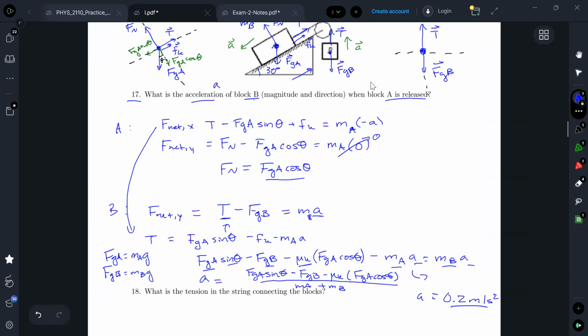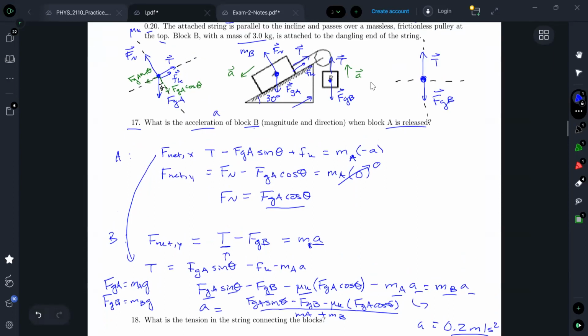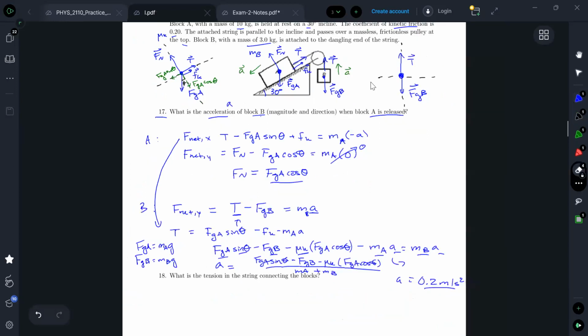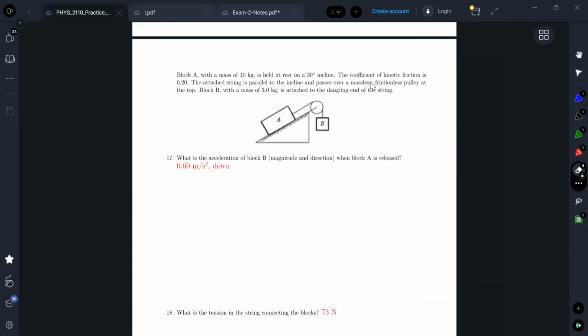So we already accounted for the direction and we got the direction right. If we had gotten a negative here, then we would have said, oh, I got the direction wrong, because I thought I had already accounted for any negatives that could show up. So the acceleration is actually down the ramp like this. My mistake on that. So let's check that. 0.69.